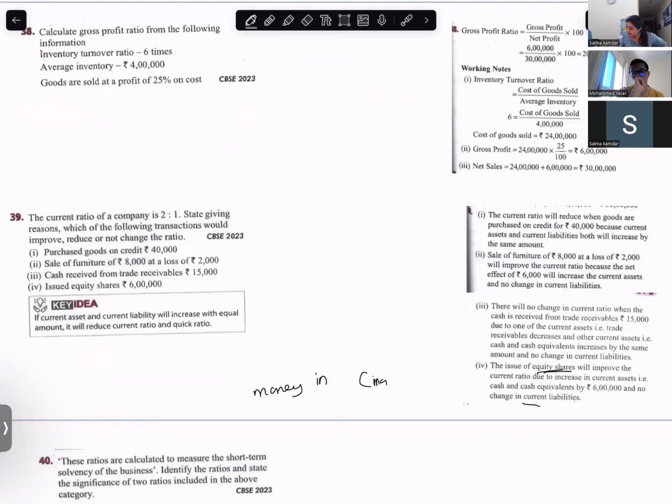So my current ratio will increase because current asset is increasing and there is no change in current liability. I hope you are okay with it. Okay, come on, let's go ahead.